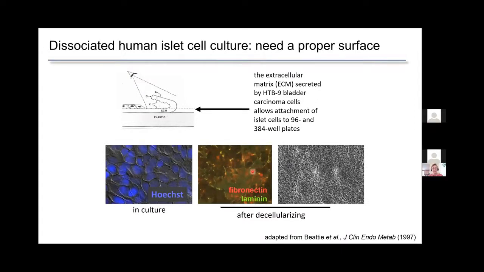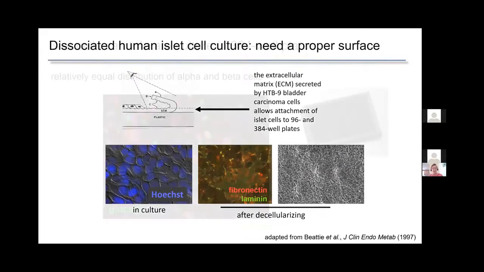And we can stain the plate that no longer has cells for things like fibronectin and laminin. This is an electron micrograph showing that actually the surface of the plate, you wouldn't even be able to tell by eye the difference, but you can see it. It has quite a grainy surface, and that is the ECM itself.